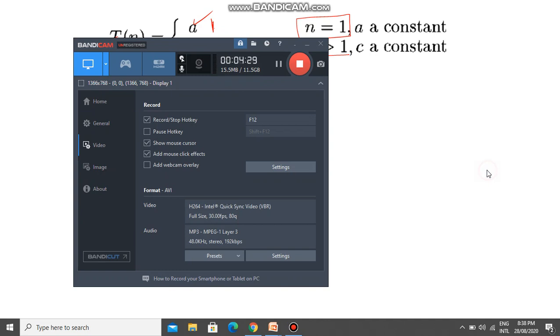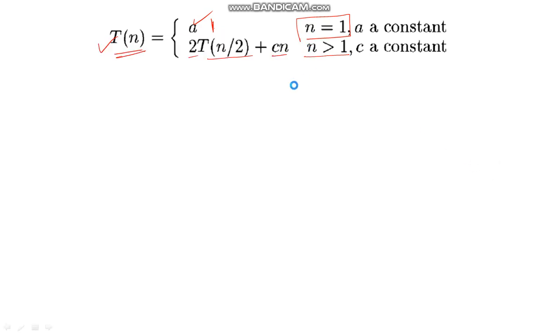Over here, let us consider it as T(n). I consider that initially n is greater than 1. So T(n) is equal to 2T(n/2) plus Cn.